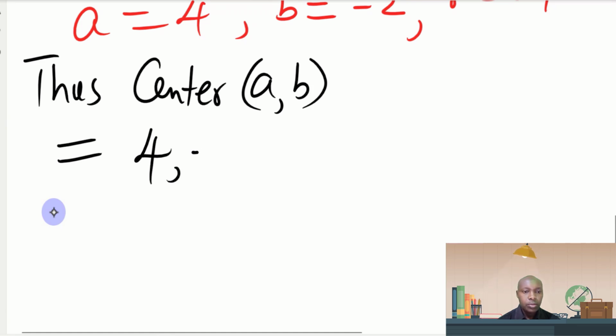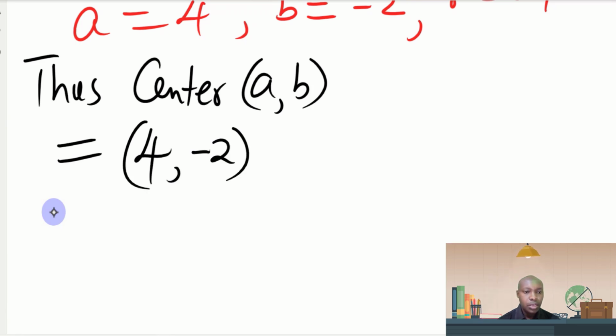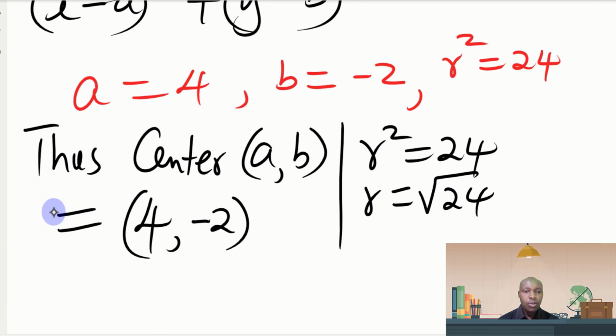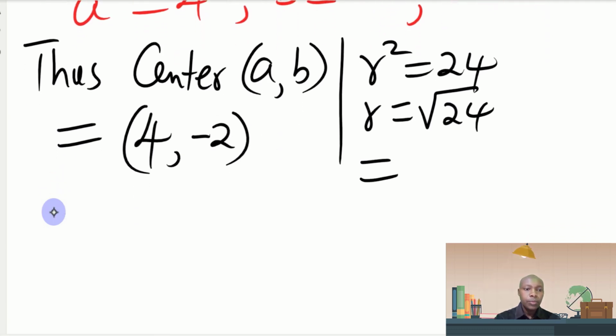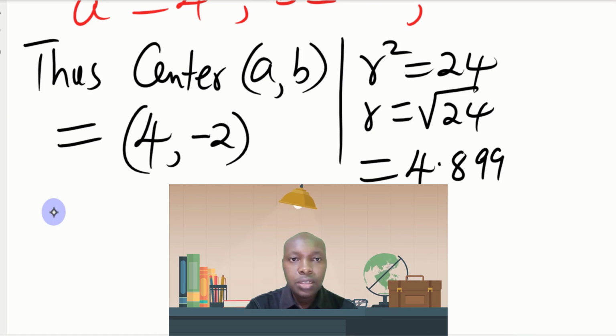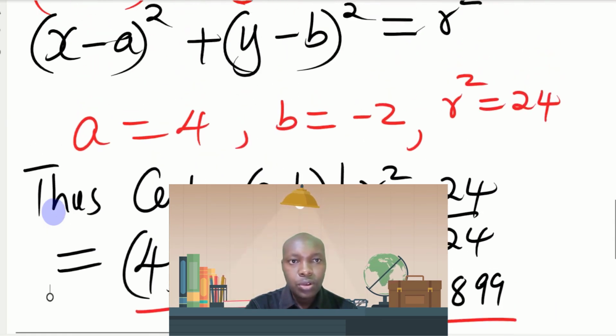And then the radius squared is 24, so the radius is the square root of 24, which gives 4.899. So that is how we obtain the center and the radius of the circle given the equation of the circle.